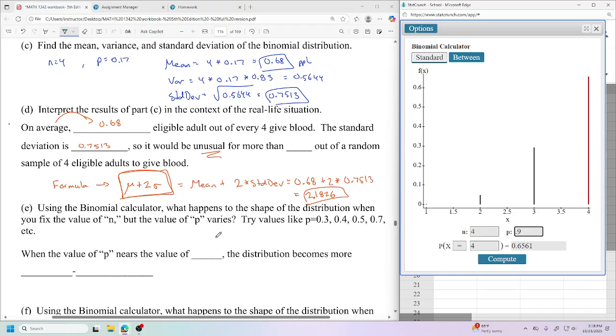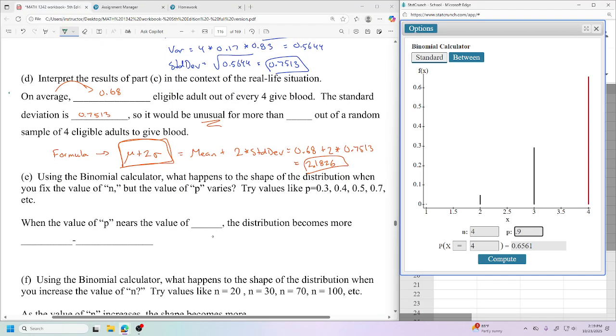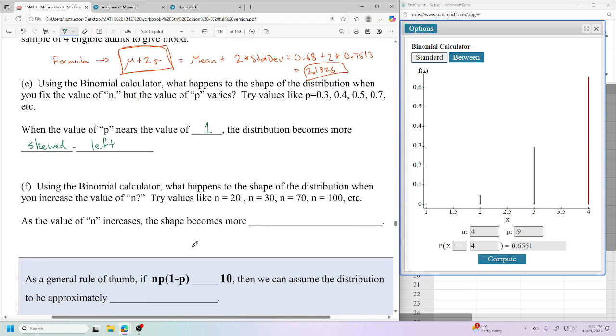Okay, that was a funny little joke. Anyways, so when the value of P nears the value of 1, then it becomes skewed left. Okay, it's multiple choice on your homework. You click it, you get it. It's not that big of a deal, and you only have to do it like one time maybe.